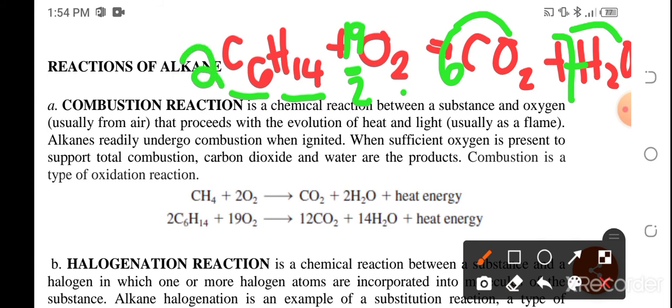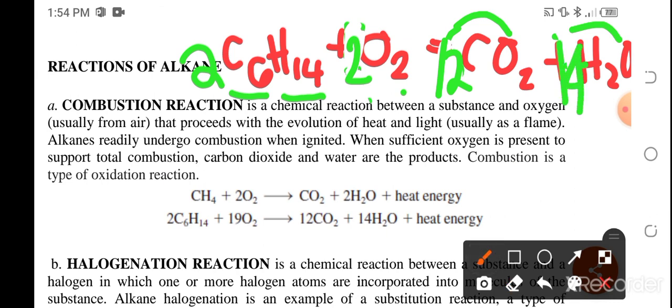The oxygen now, hindi na siya 19 and a half kasi 19 and a half times 2 will become 39. And that 6 will no longer be 6 because we have to multiply it by 2. So, that would be 12. And that 7 is no longer 7 because it should be multiplied to 2. So, that would be 14.